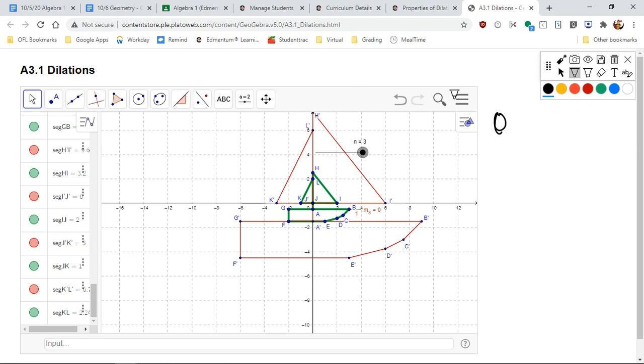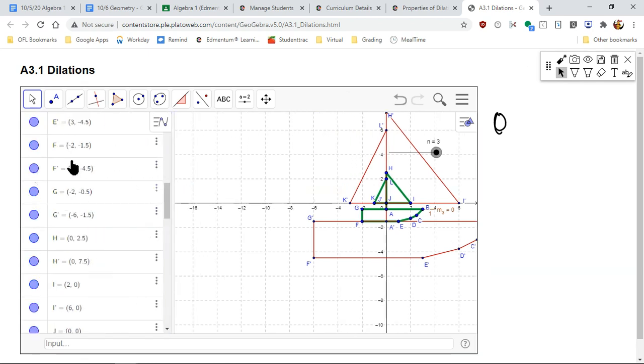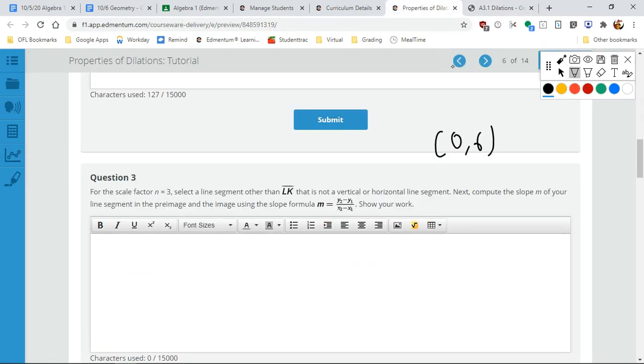I want to say that's like -3. Let me check my points right here. You can always check your points here if you have doubts. So K prime, -3, yep, -3 comma 0.